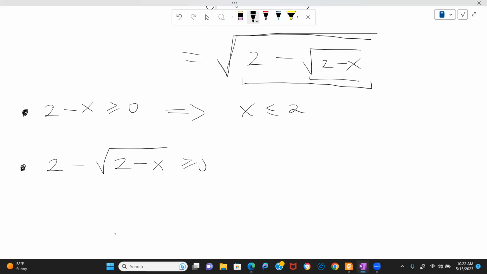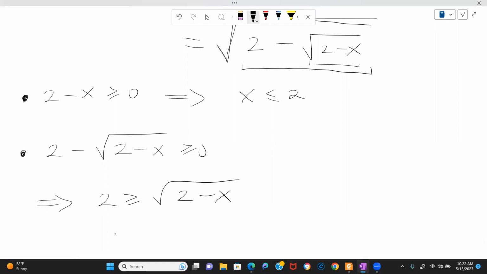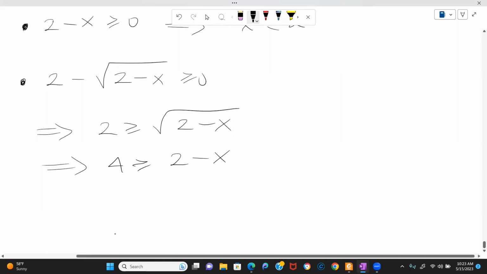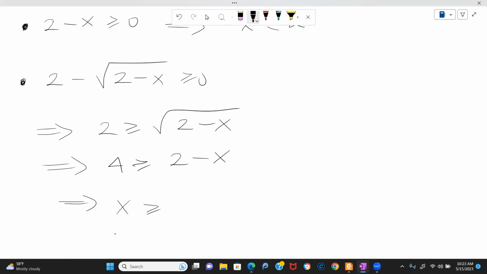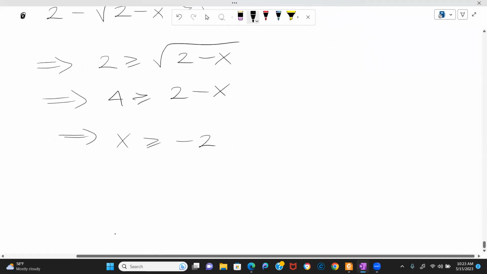For this one, we're going to add the square root of 2 minus x to both sides. We get 2 is greater than or equal to the square root of 2 minus x. And now we square both sides, so we get 4 is greater than or equal to 2 minus x. Now I'm going to add x to both sides and then subtract 4 from both sides to get x is greater than or equal to -2.